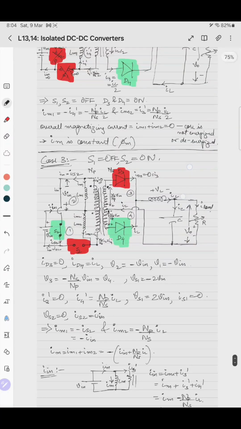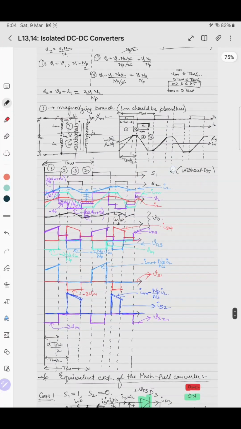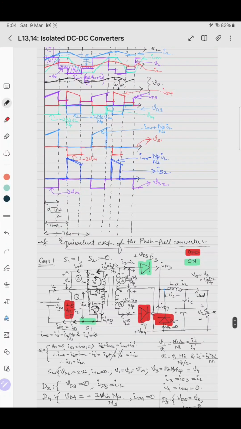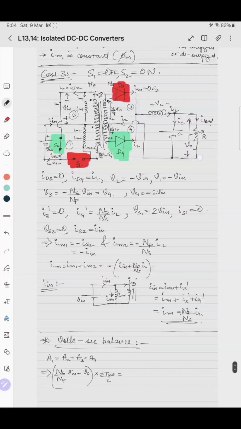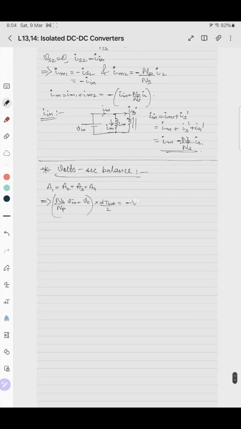That is A1. What is A2? A2 is T switching by 2 minus D into T switching by 2 into minus V naught, so minus V naught into T switching by 2 minus D into T switching by 2.